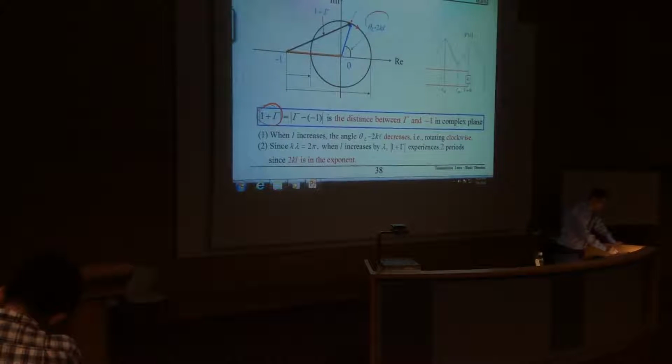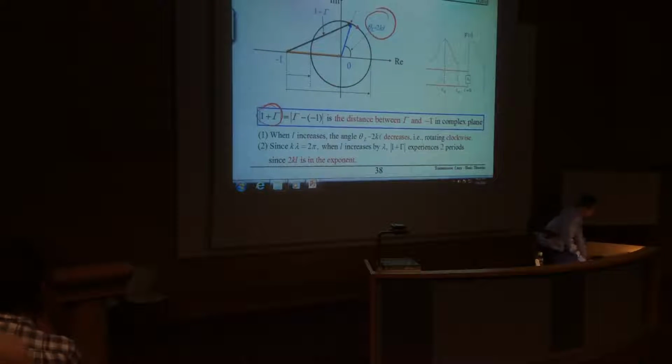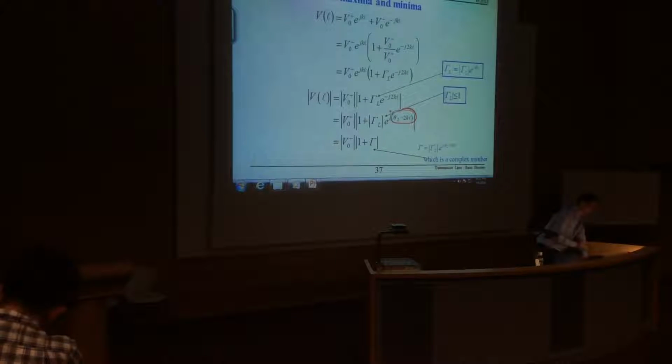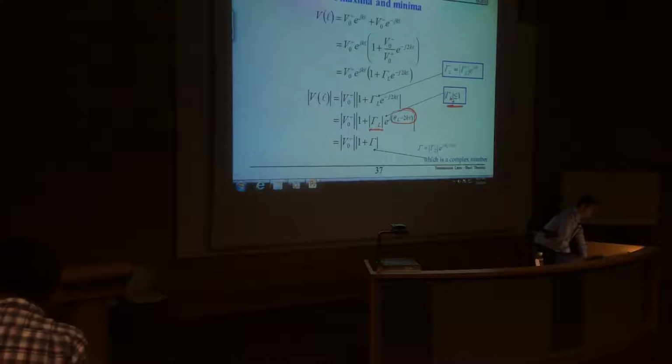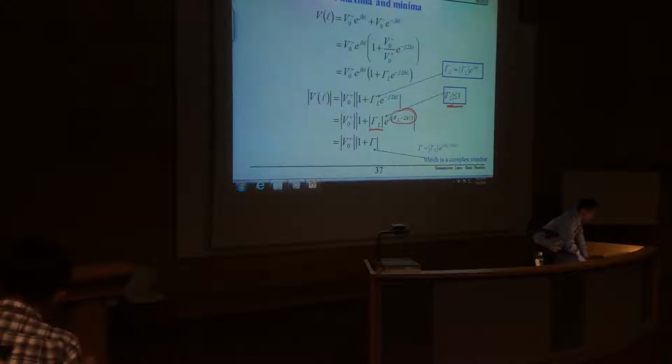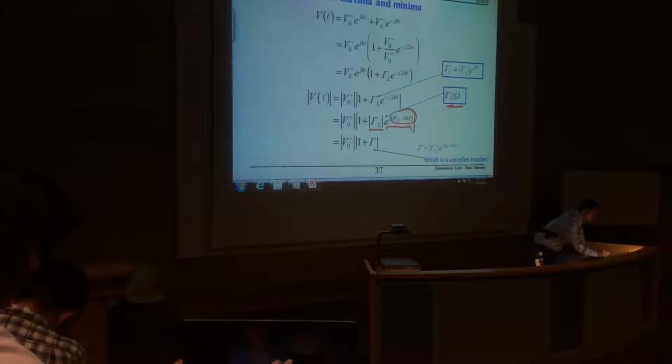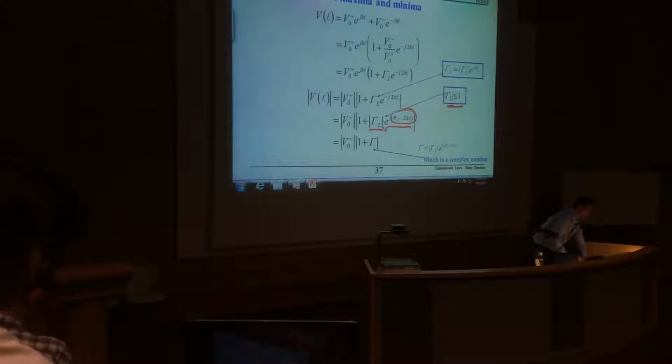Why will the phase change? In the last slide, we mentioned this is a complex number. Here, assume the magnitude is less than 1. The magnitude of this definitely is 1, then comes gamma.